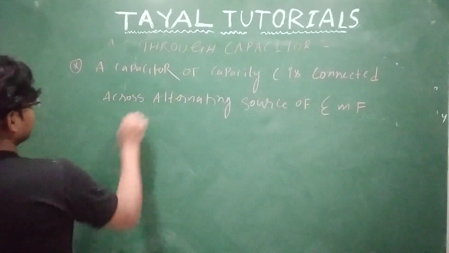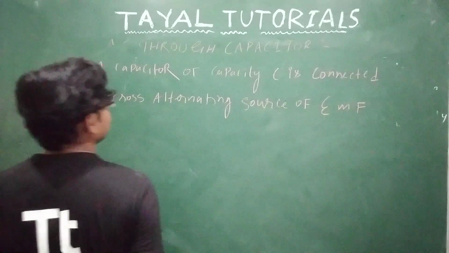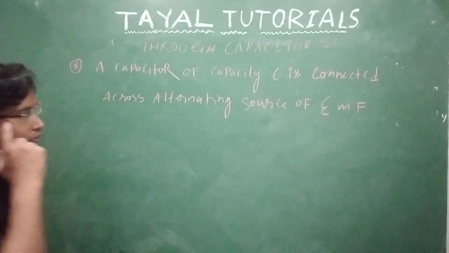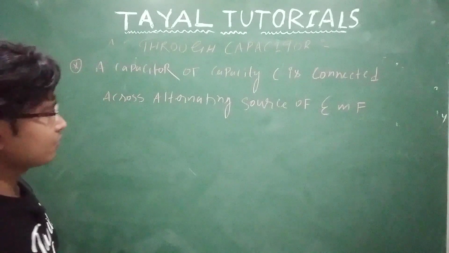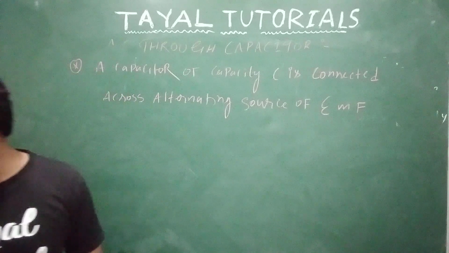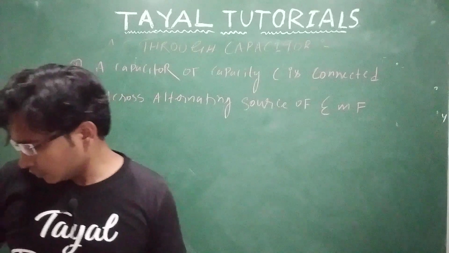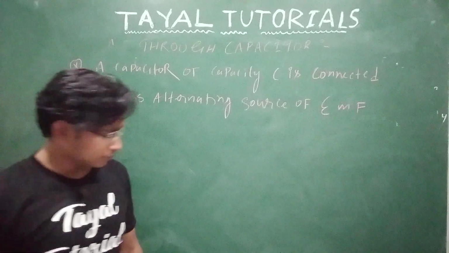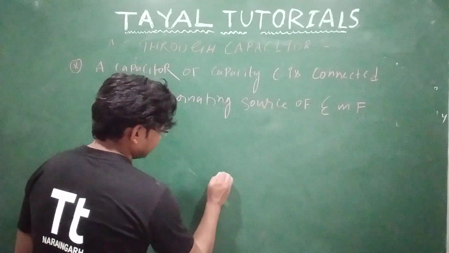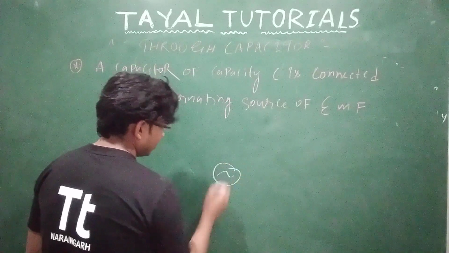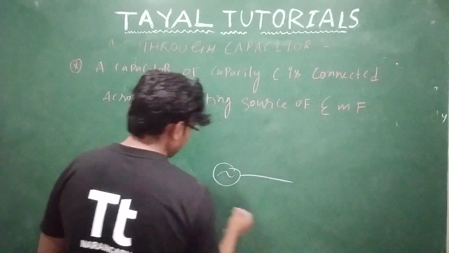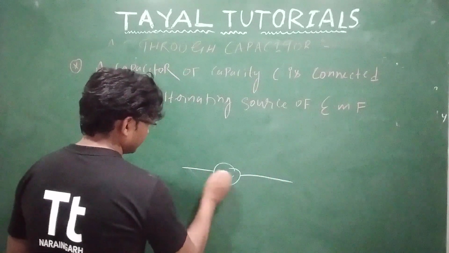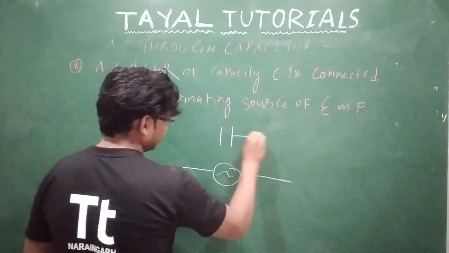You can see that, but in this we will see what is the instantaneous value of the EMF and the instantaneous value of the current. To represent that alternating voltage, you can see that this is your AC source and this is your capacitor.